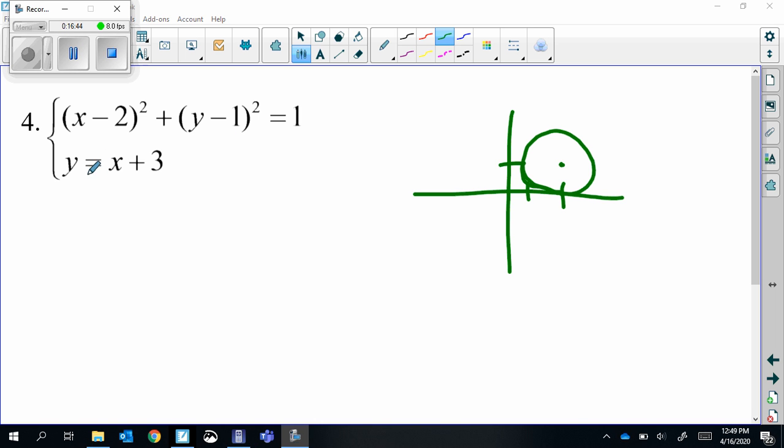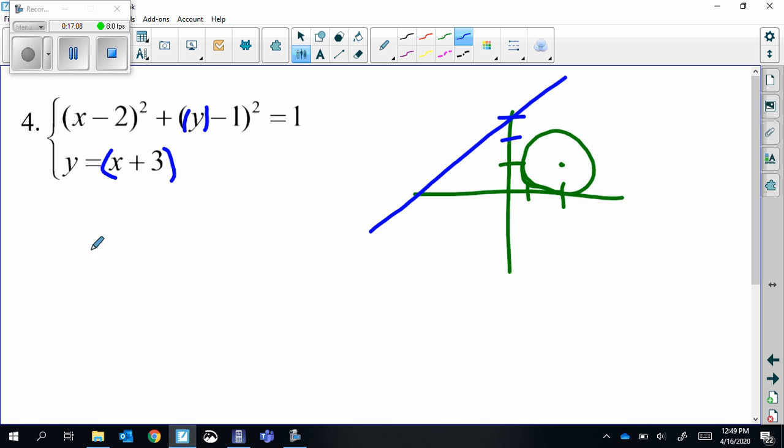And then y equals x plus 3. That's a line. Kind of goes up like that. So it's quite probable that these will not intersect at all, just by looking at our sketch that we made. So we can do our substitution and find out here.